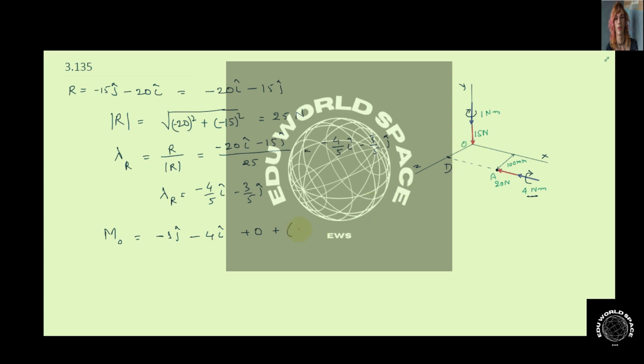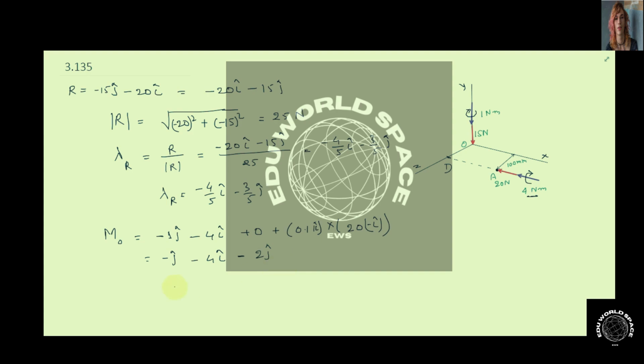So we can write the moment as 0.1 k cap cross multiplied with the force vector present at the point D, and that will be 20 Newton in the negative x direction, so 20 minus i cap. Now we can solve this. K cross i will give j, and one negative sign is there, so it will be minus 2 j cap.